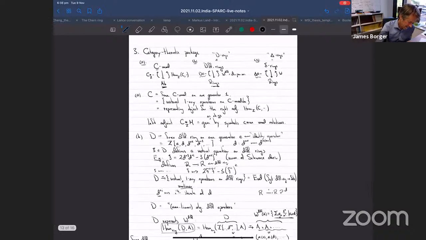I guess one of the points of this category theoretic approach is that there are three different ingredients. There's, on the one hand, the category of delta rings. On the other hand, there's the Witt vector functor. And the third, there's this left adjoint functor. And actually, each of the three determines the other two, if each of the three has the appropriate structure.